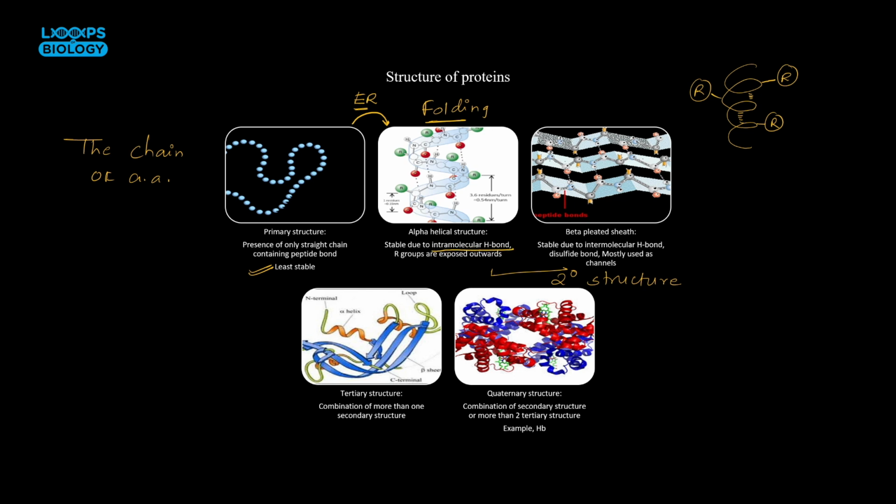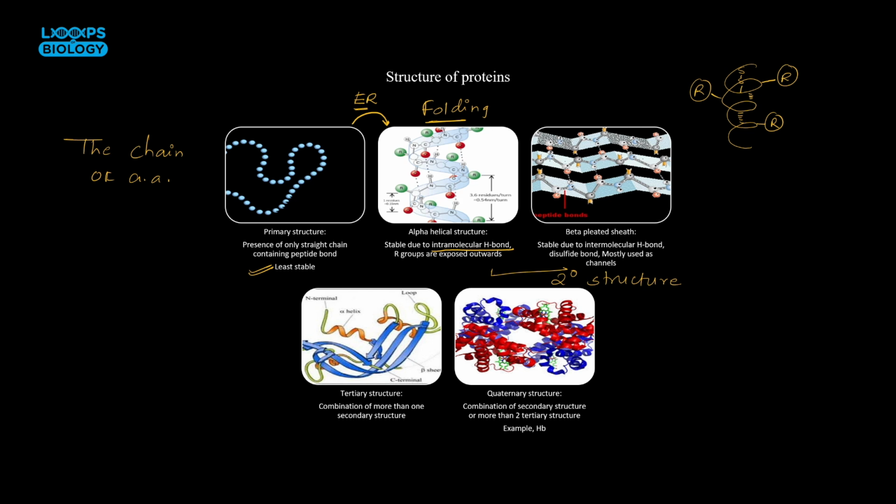That means the hydrogen bond is formed within the structure itself, along with disulfide bonds somewhere. So stability is gained due to the folding and coiling of the primary structure.